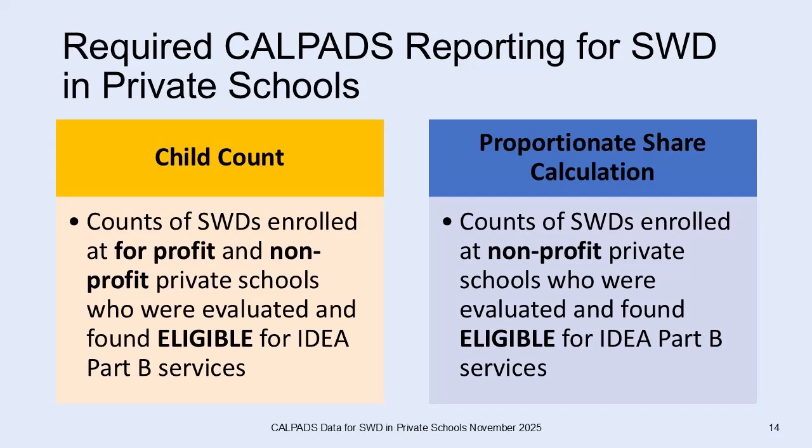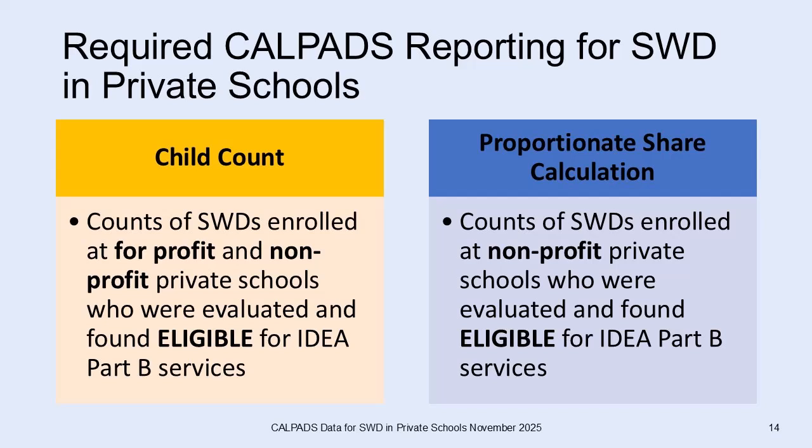Okay, so for purposes of child find, you have to evaluate students in for-profit and nonprofit private schools and determine which of those students are actually eligible for services, whether or not they actually participate in special education.